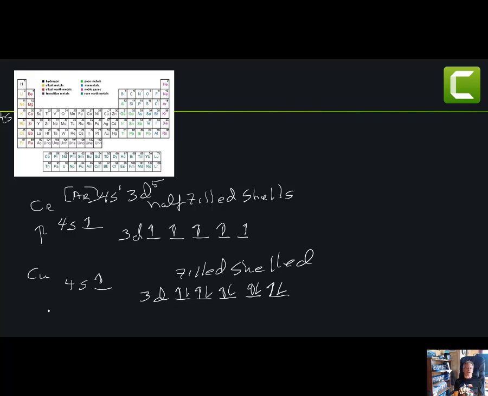So for copper, the core notation electron configuration is going to be argon 4s1 3d10. And this is the core notation electron configuration for copper. Now, I will tell you that silver will do the same thing that copper will do.